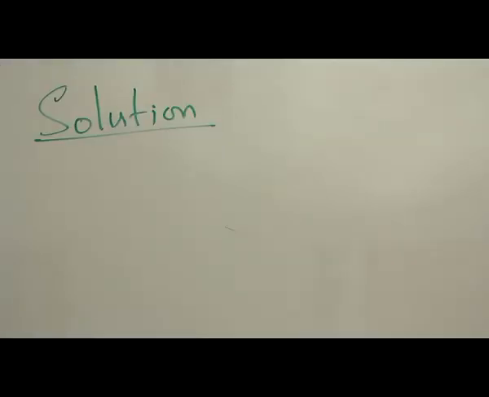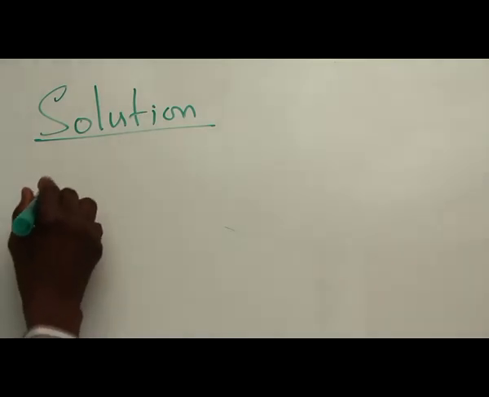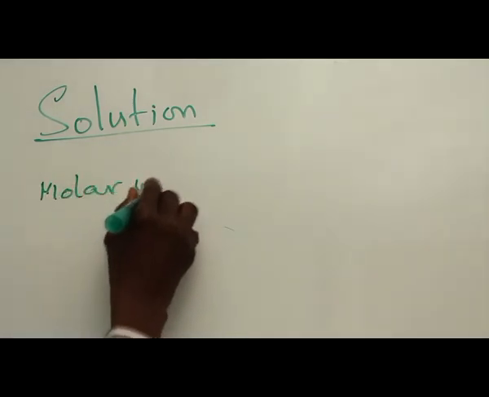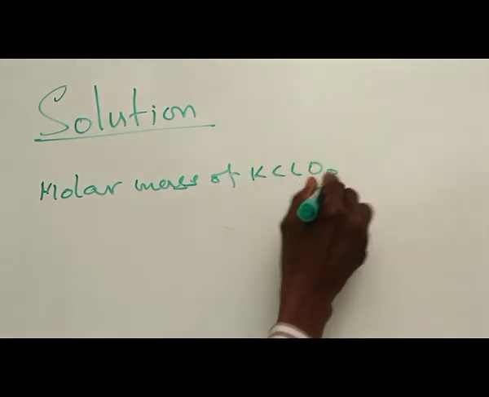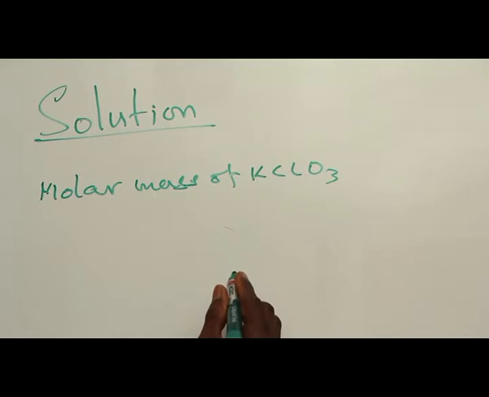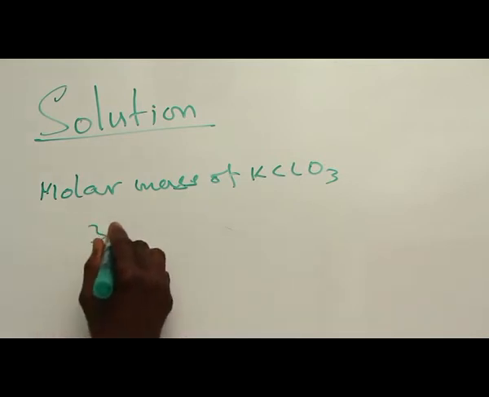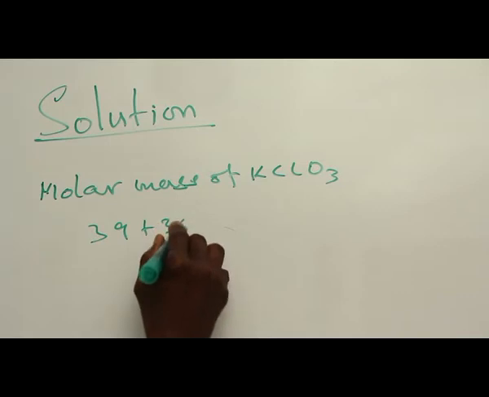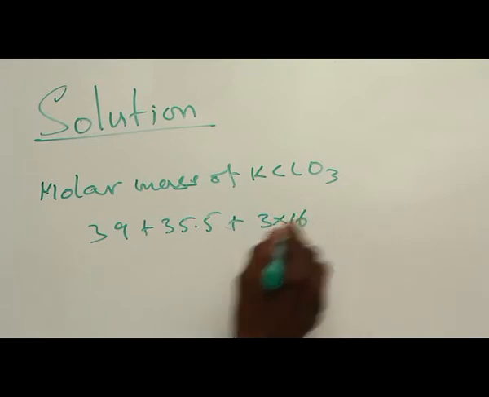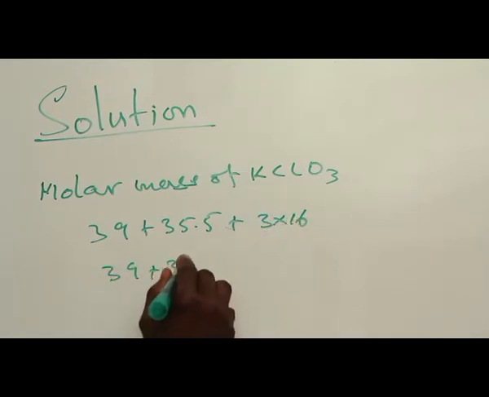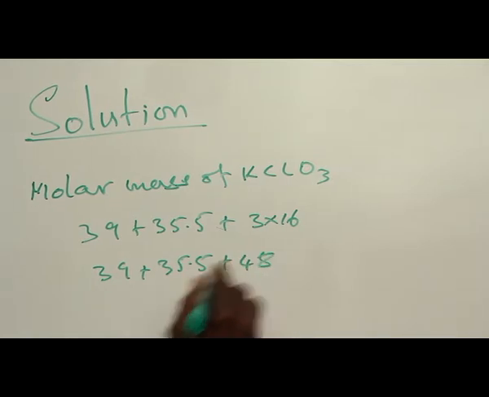Okay, now the 12 grams of potassium trioxochlorate(V) will first be converted to moles by dividing it by the molar mass. Now, molar mass of KClO3 is 39 plus 35.5 plus 3 times 16, that is 39 plus 35.5 plus 48.